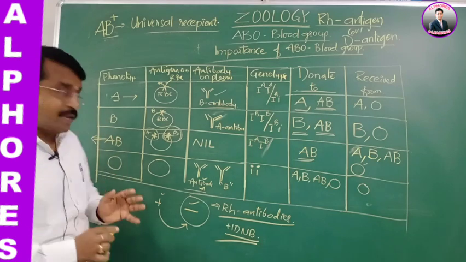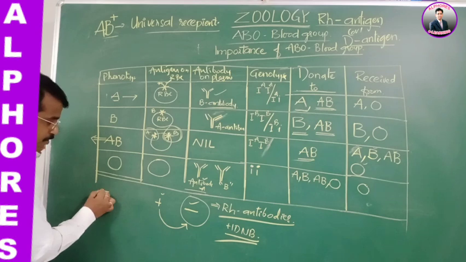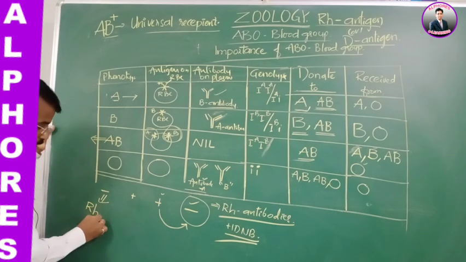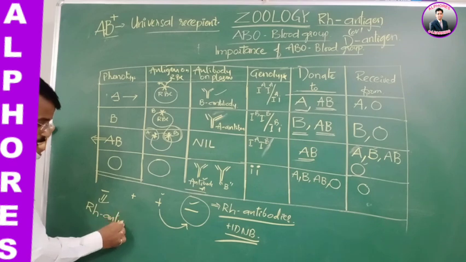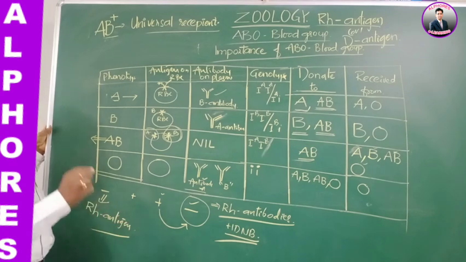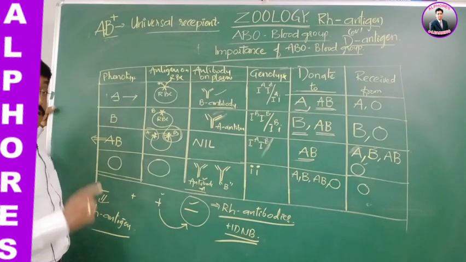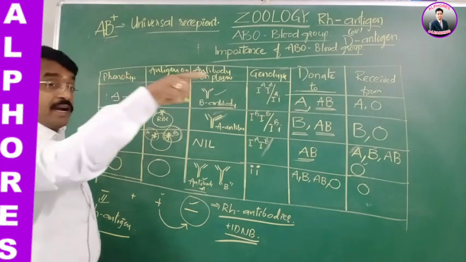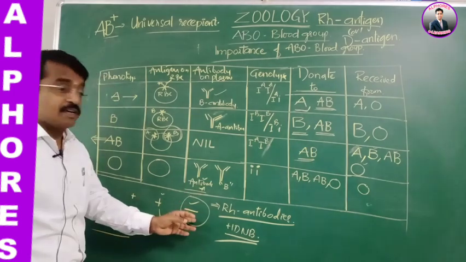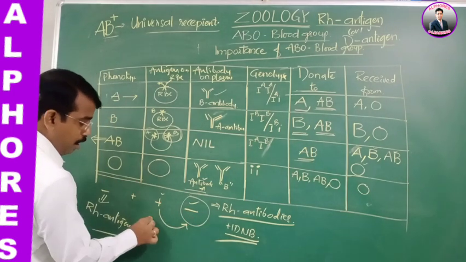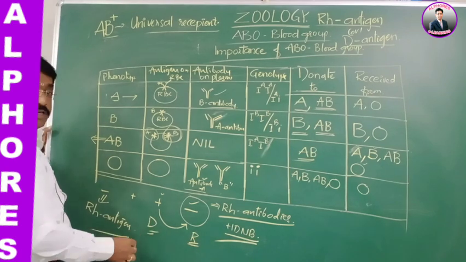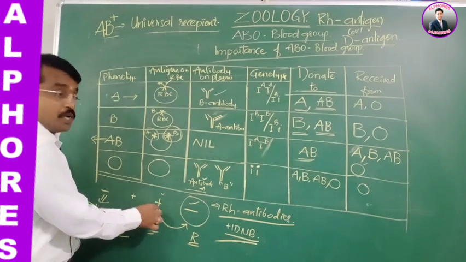Positive only. Why? If a donor is negative, negative means no antigen. Rh antigens are not there. Draw more attention: if the donor has the Rh antigen, the recipient generates Rh antibodies against the donor antigen only.